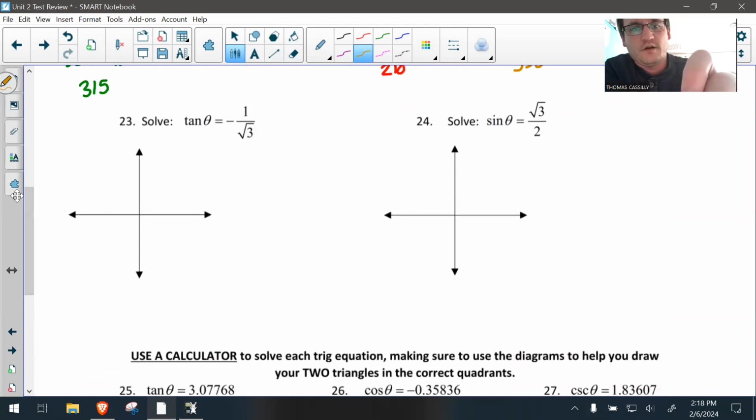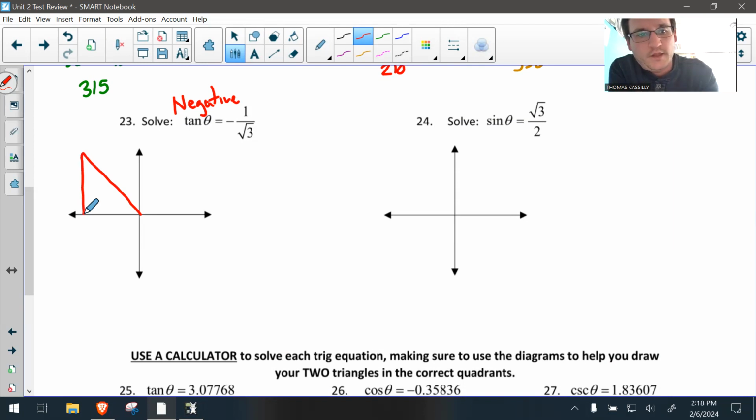The tangent of theta, so we know it's negative. All right, so tangent is negative in quadrant 2 and quadrant 4. All right, and we need to find these values here.